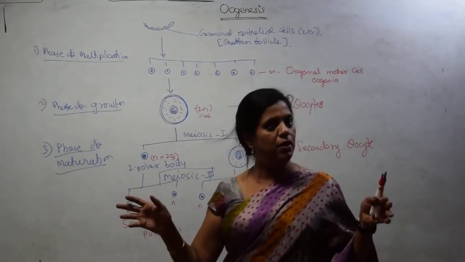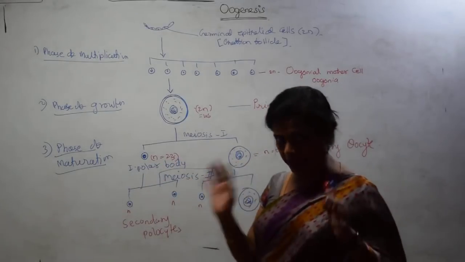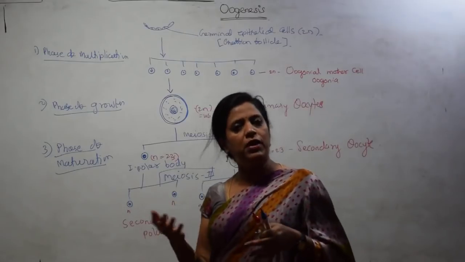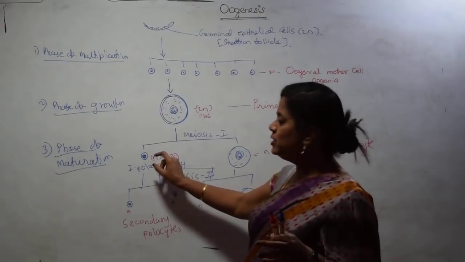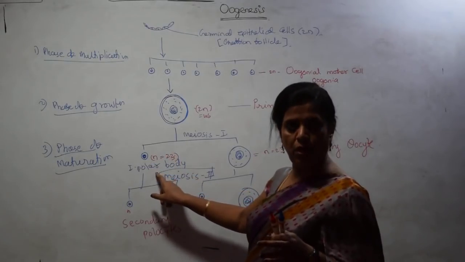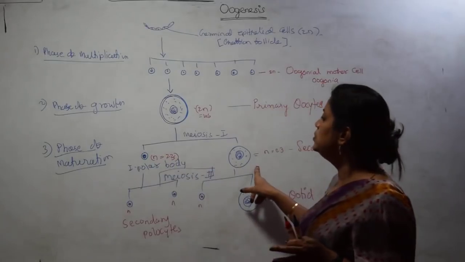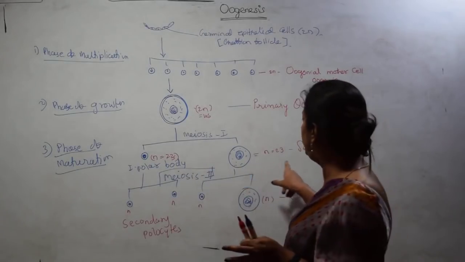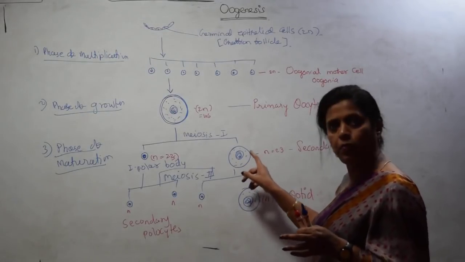Chromosome number becomes half, so you will get n equal to 23, n equal to 23. But during the cytoplasmic division, the division is unequal. One of them will become very small, and this is called the primary polar body, the first polar body. The other one, which is functional, will be called the secondary oocyte. It is large, containing the haploid nucleus and the cytoplasm.